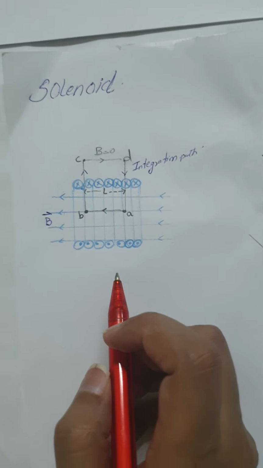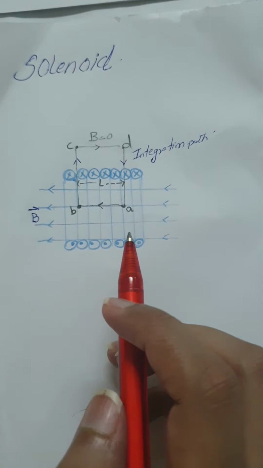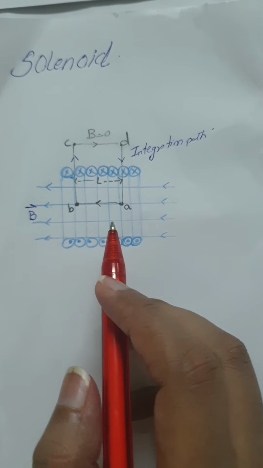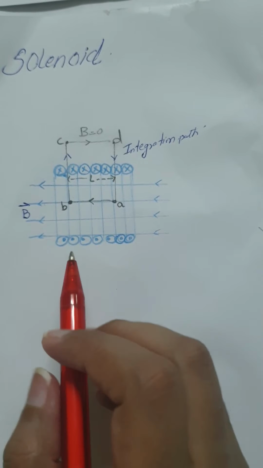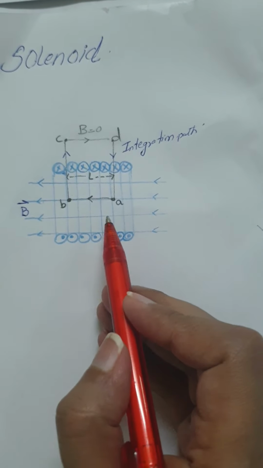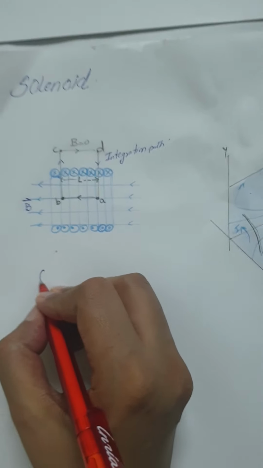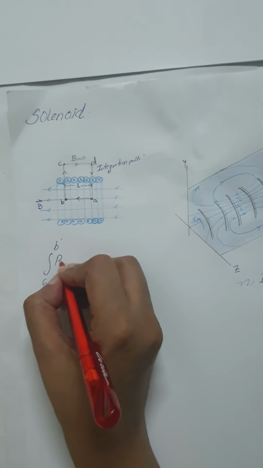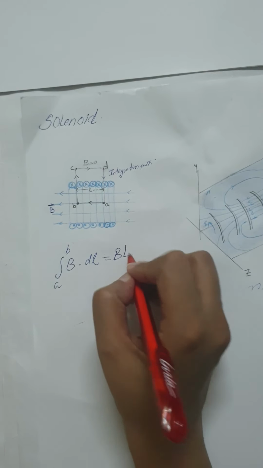In carrying out the Ampere's law integration, we can start from side AB, in the same direction as B. So for side AB, B dot dl becomes BL.